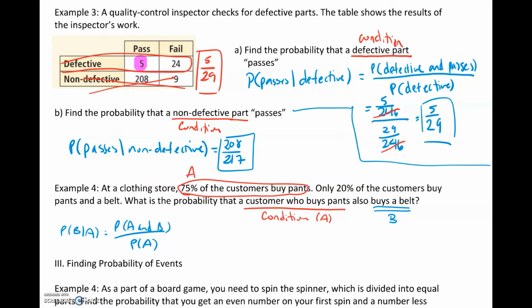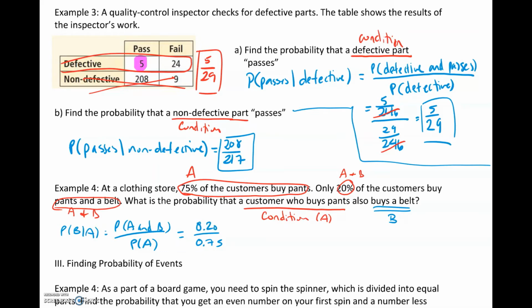So that's my A, and that's going to be my denominator. I'm going to change that to a decimal. And then 20% buy pants and a belt. Pants and a belt, that's A and B. So that's going to be my numerator. I'll convert that into a decimal as well, 0.20.